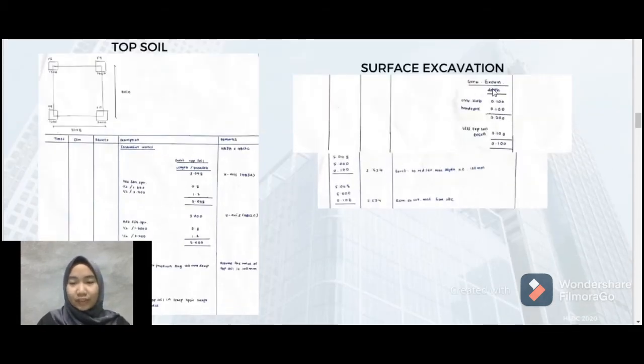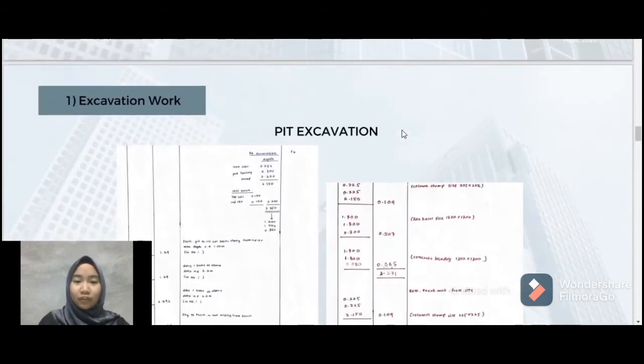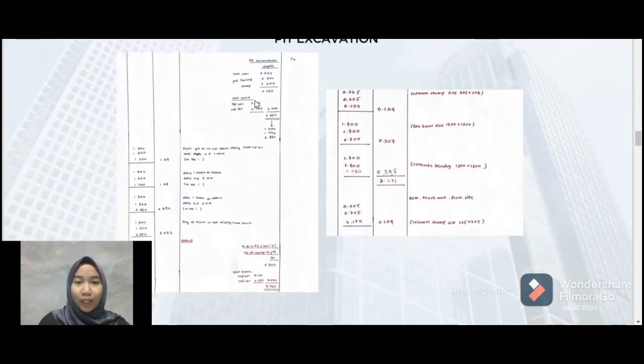Next, for the surface excavation, we have to determine the concrete slab, hardcore, and also less topsoil excavation. From the value, we multiply to get the surface excavation. Next, for the pit excavation, we have to determine lean concrete, pad footing, and stump. To get the value of pit excavation, we multiply the three values together to get the calculation.